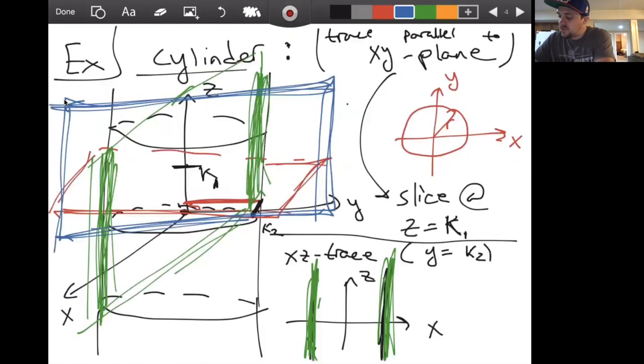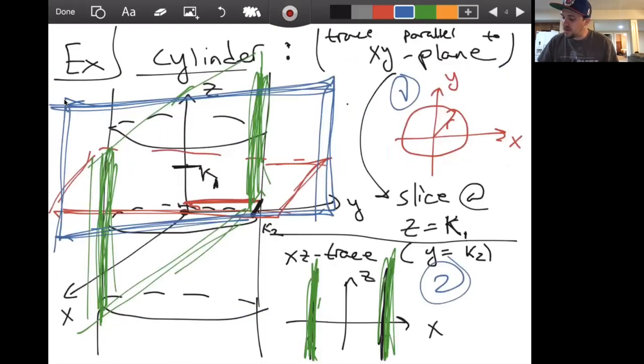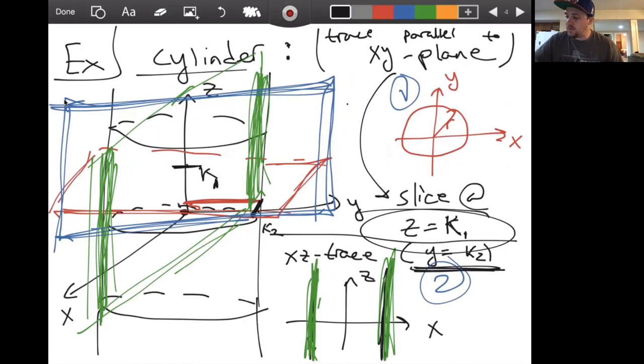And so you can look at these three two-dimensional pictures, right? We have 1, 2, and 3. And you look at all three of these and say, okay, if I piece these together, then here's the given shape I get. And just for the sake of completion, when you take an XY slice, you're looking at some plane given by Z equals a constant. If you take an XZ slice, you're looking at a plane given by Y equals a constant.